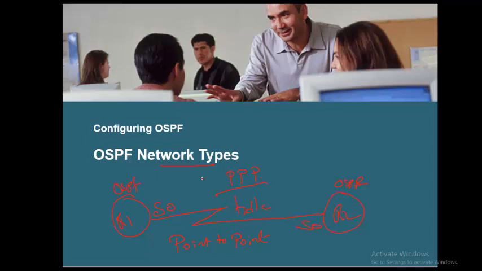So whenever PPP or HDLC is seen, OSPF understands that you cannot have more than one neighbor, because it's a serial wire. Only a serial wire can run PPP or HDLC. So as soon as it finds this encapsulation, it knows there cannot be more than one neighbor.